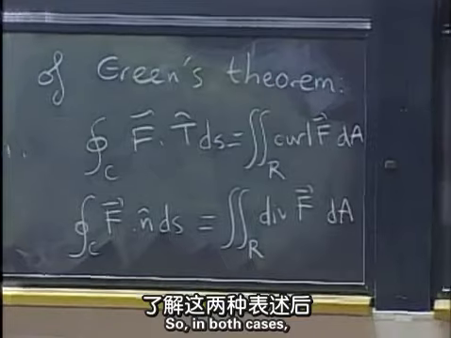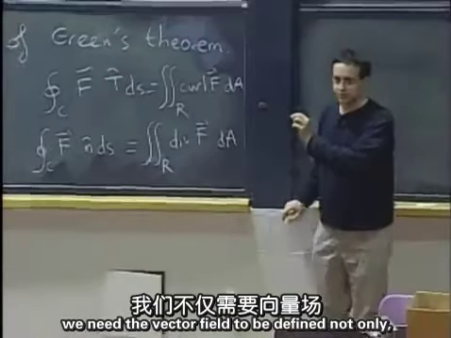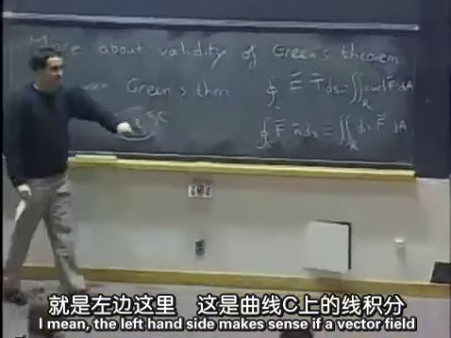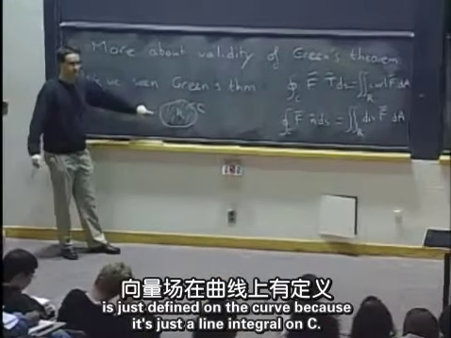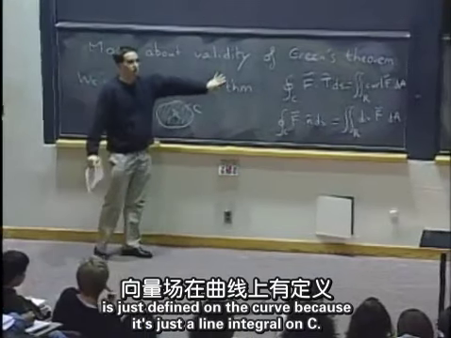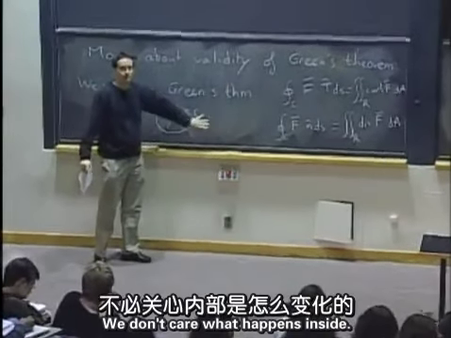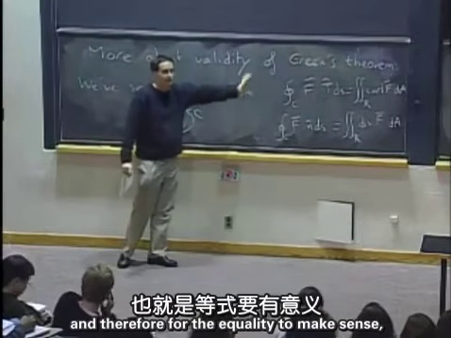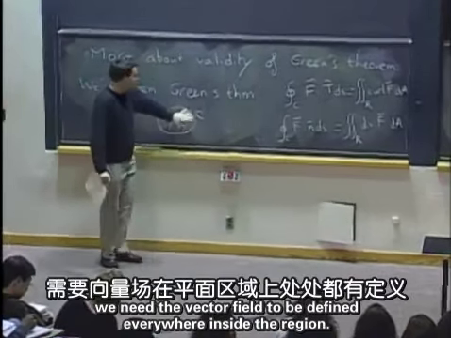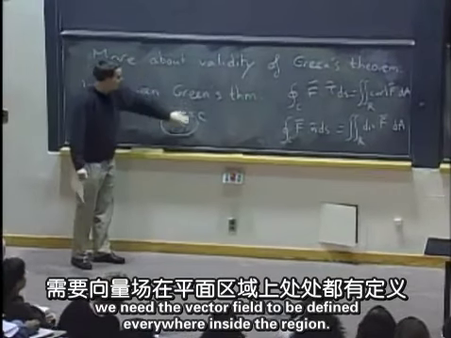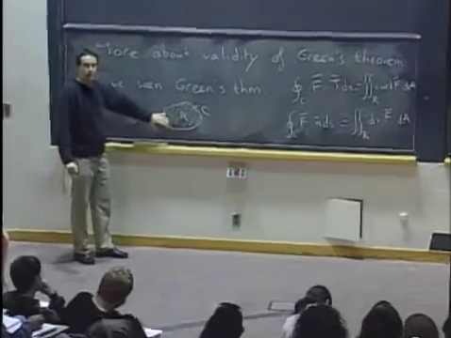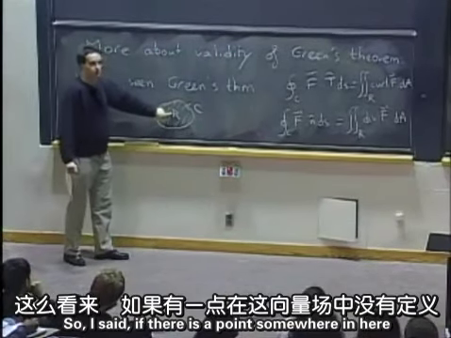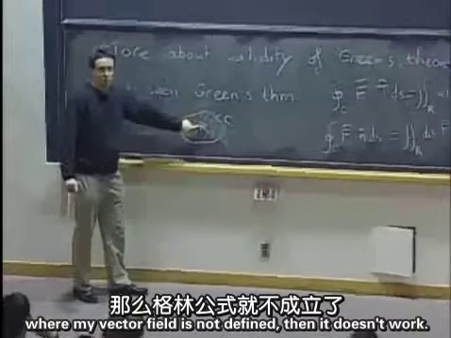So in both cases, we need the vector field to be defined not only on the curve. The left-hand side makes sense if the vector field is just defined on the curve, because it's just a line integral on C. We don't care what happens inside. But for the right-hand side to make sense, and therefore for the equality to make sense, we need the vector field to be defined everywhere inside the region. So if there's a point somewhere in here where my vector field is not defined, then it doesn't work.